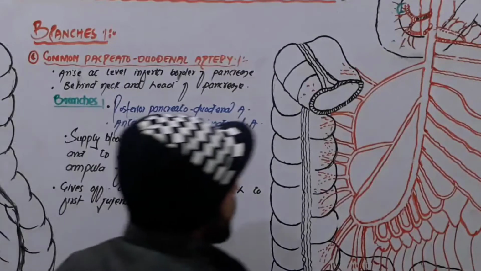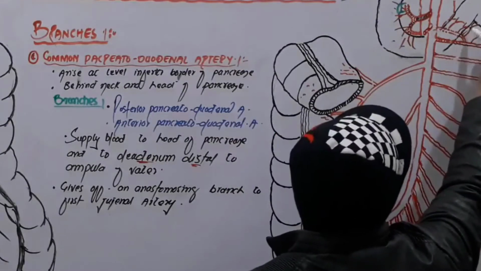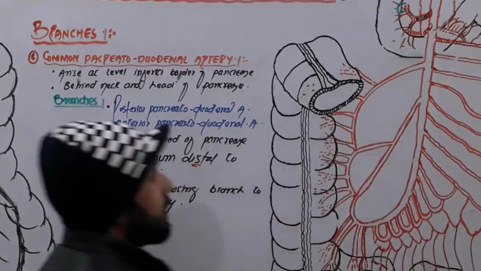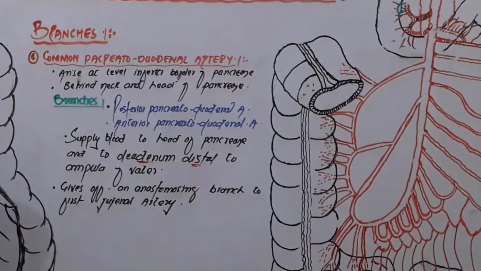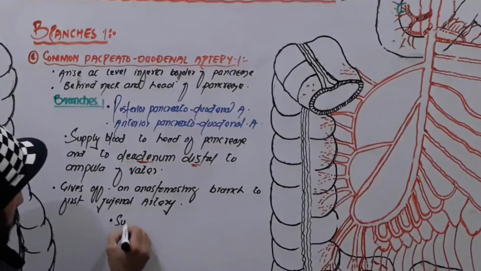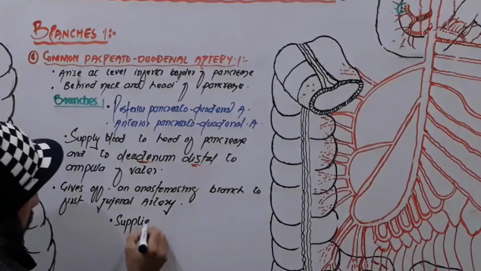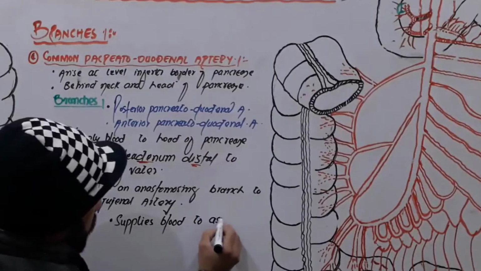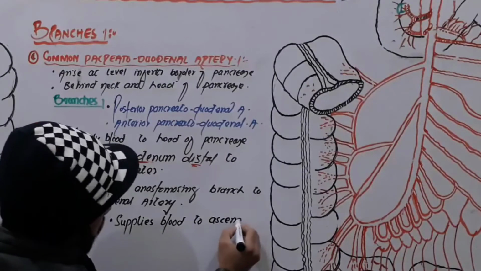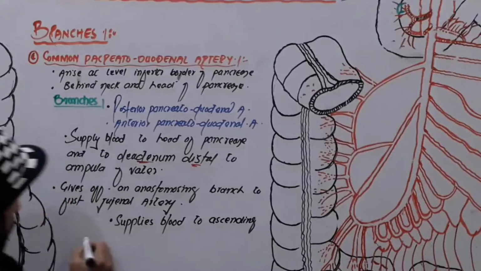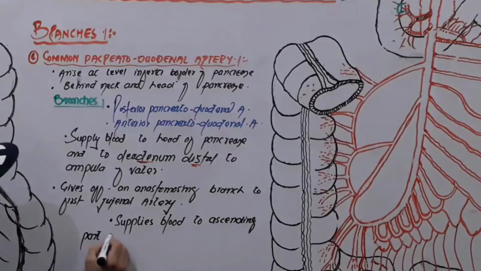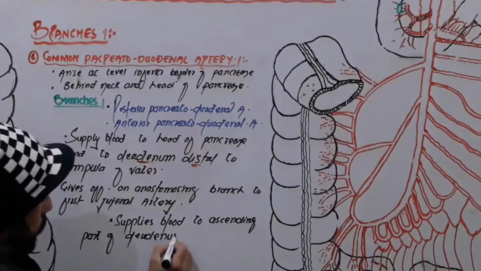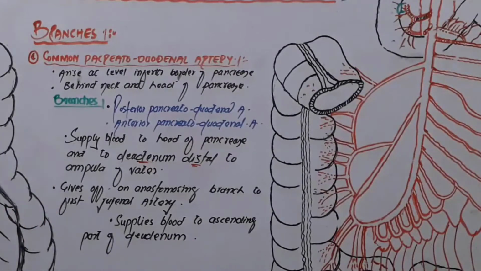And from it there are small branches towards the ascending duodenum, right? And it supplies blood to the ascending part of the duodenum, or you can say also to the last part of the duodenum.